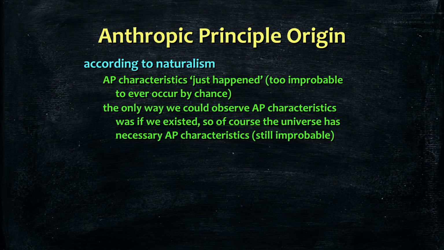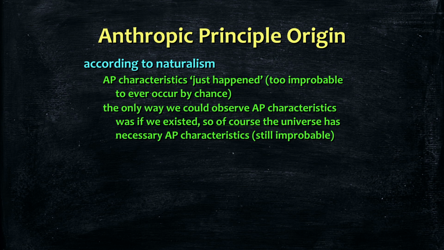But usually the naturalist would respond to say, now wait a minute, you've got to think about this a little bit. We're going to talk about the anthropic principle characteristics necessary for life. If the universe had been any other way, we wouldn't be here to observe it.